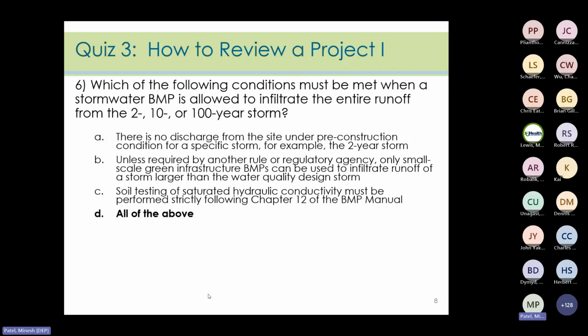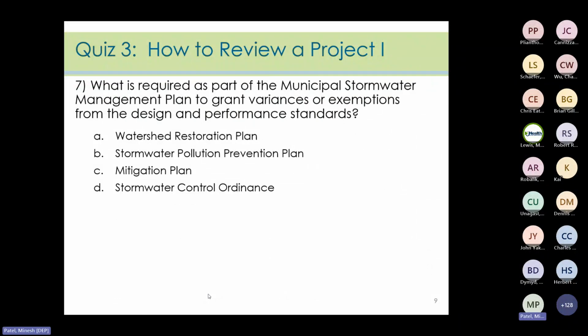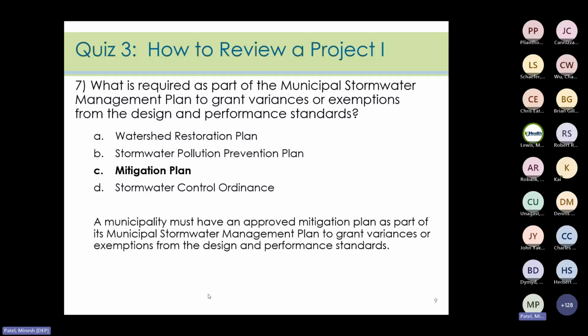And the answer is D, all of the above. Question 7. What is required as part of the municipal stormwater management plan to grant variances or exemptions from the design and performance standards? And the answer here is C. It is a mitigation plan.